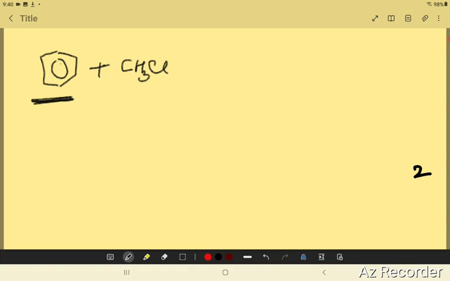This is an electrophilic substitution reaction and it takes place in the presence of anhydrous AlCl3. Anhydrous AlCl3 is a Lewis acid. It has a deficiency of electrons.